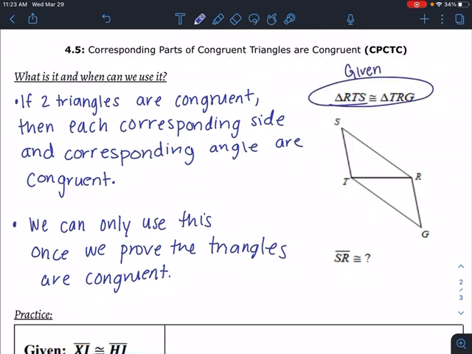We're given that the two triangles are congruent. So SR is congruent to TG by, and we can just abbreviate this theorem as CPCTC. The whole name of it is right here. Obviously, you wouldn't want to write that out. That's really long.